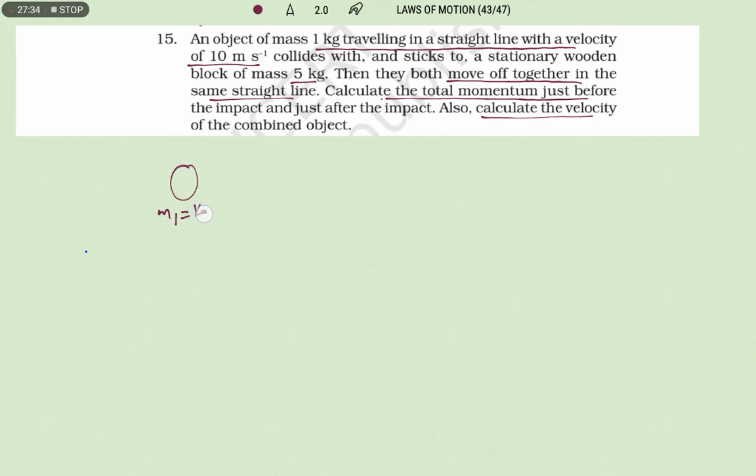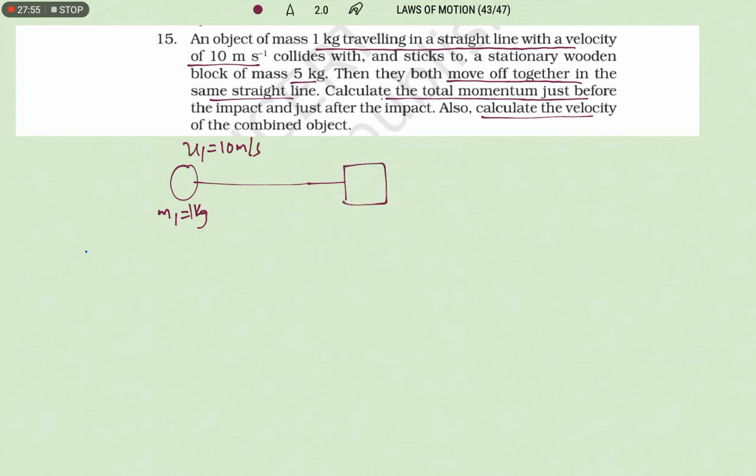So an object of mass 1 kg is moving along a straight line with a velocity 10 meter per second, collides with and sticks to a stationary wooden block.